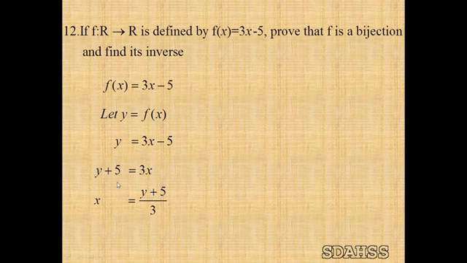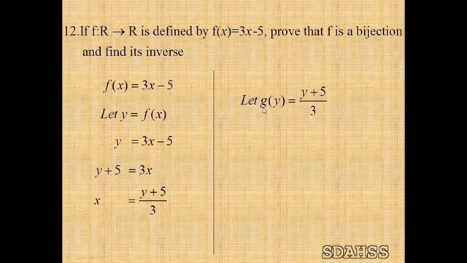Let us assume this x is equal to (y plus 5) by 3 be g of y. So g of y is equal to (y plus 5) by 3. Then we want to find g dot f of x. g dot f of x is equal to g of f of x.